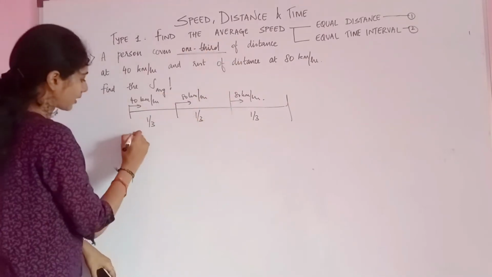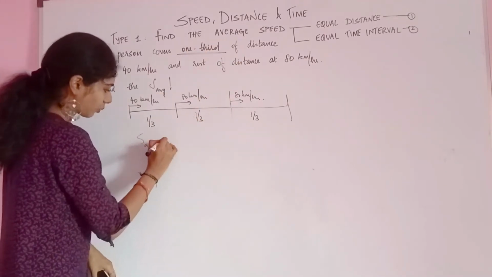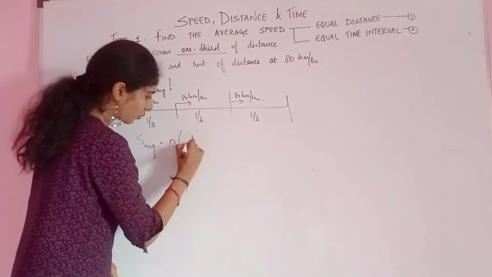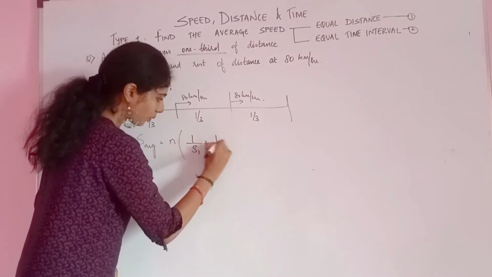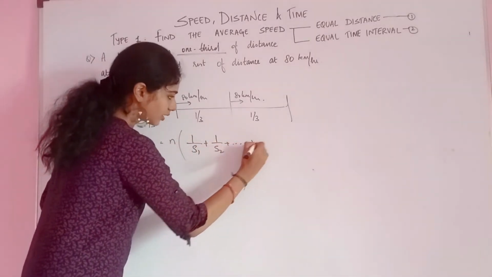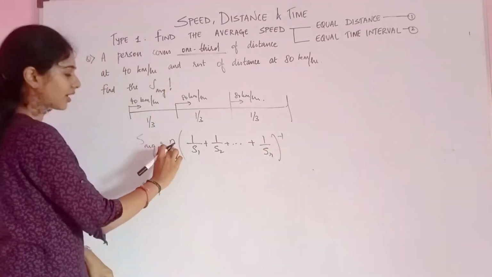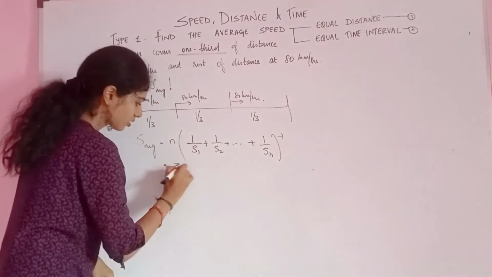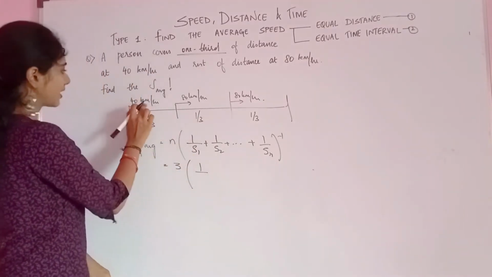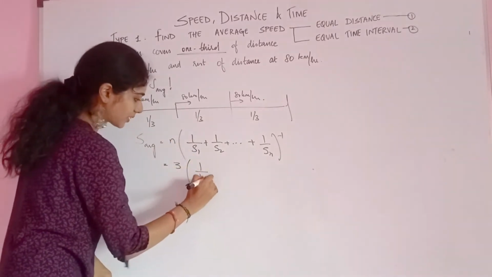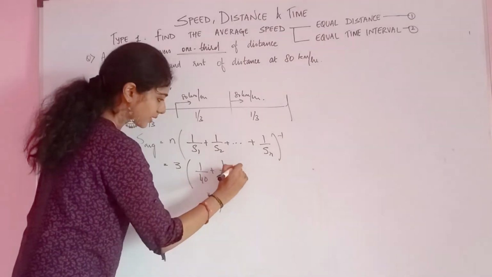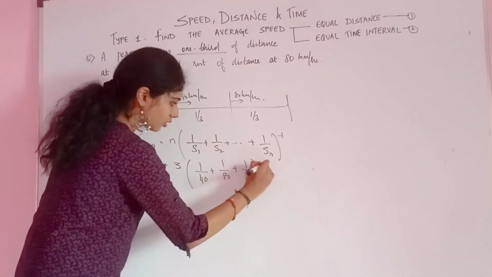So now you know the formula. Average speed is nothing but N into 1 by S1 plus 1 by S2 plus so on till 1 by Sn, the whole inverse. How many parts are there? 3 parts. So 3 into 1 by 40 plus 1 by 80 plus 1 by 80, the whole inverse.